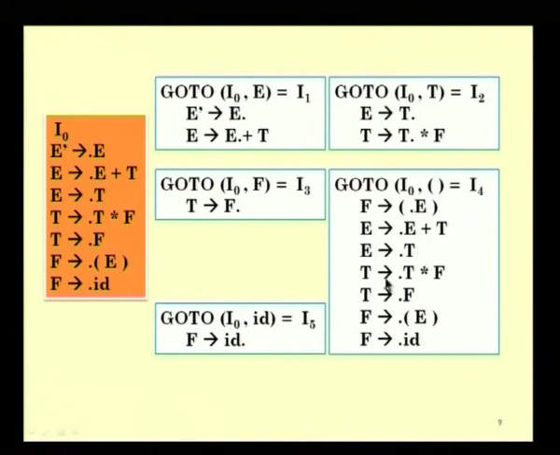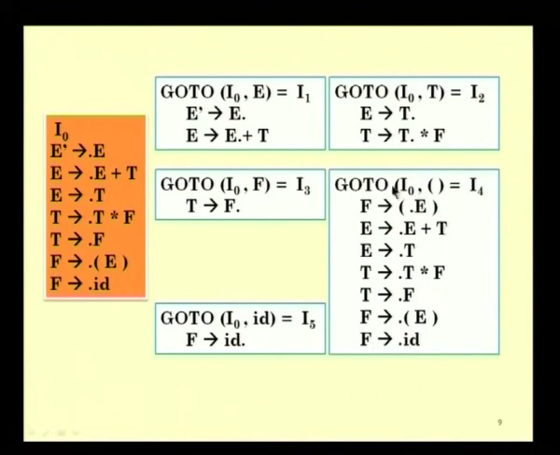One is T derives dot T star F, another one is T derives dot F. The closure of T derives dot T star F gives two items, both already existing, so no duplication. And when you go for T derives dot F, F is going to be expanded. F has two items: F derives dot opening bracket E closing bracket, and F derives dot ID.